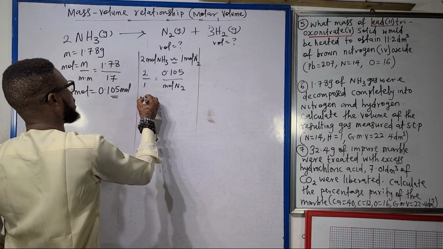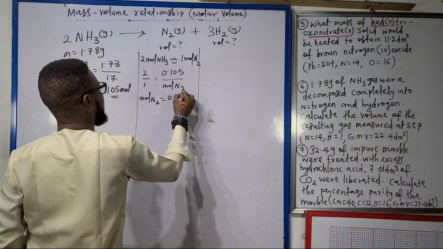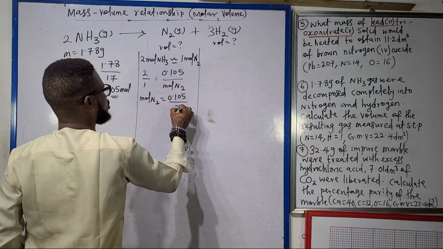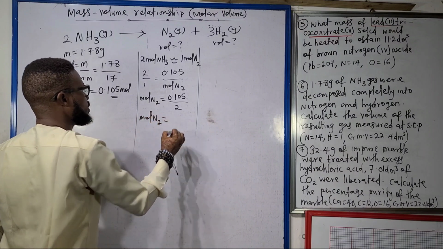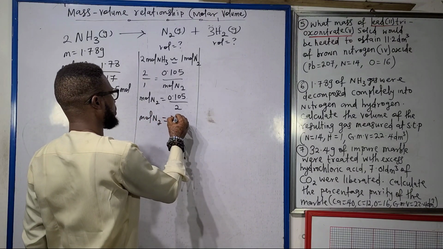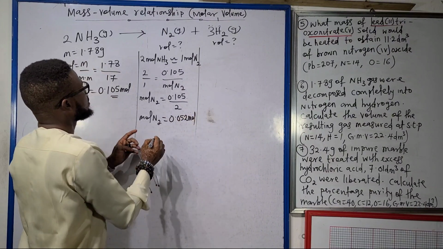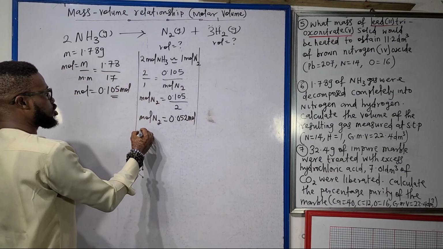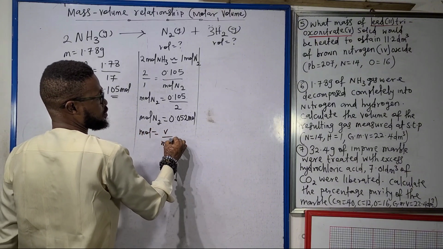So that mole of nitrogen equals 0.105 divided by 2. Mole of nitrogen will be 0.052 mole. Since I'm looking for the volume, you recall that mole equals volume over molar volume.